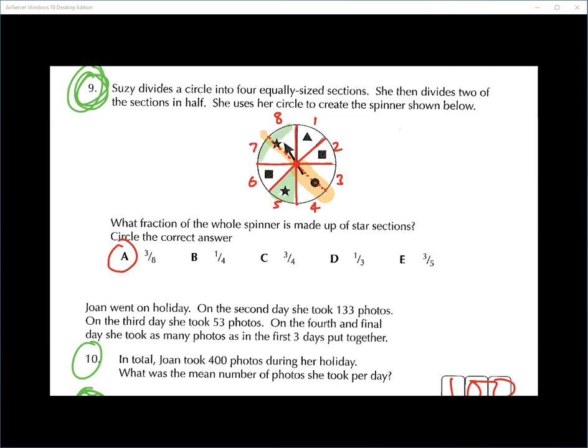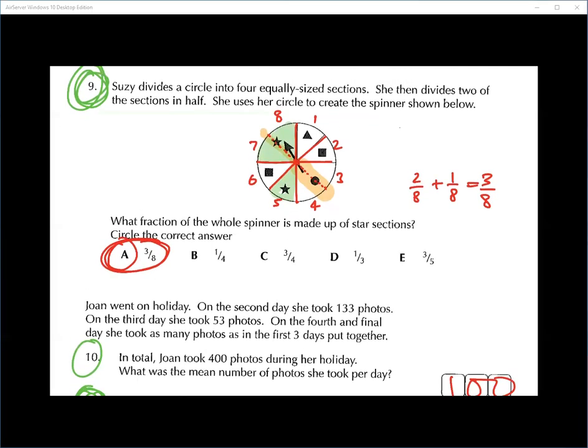And remember the star is on this section here. It's on 2 pieces. So how many 8ths is that all together then? 3. So it's got 2/8, the big piece, plus 1/8, the little piece. That gives us how many 8ths? 3. 3/8. Done. Okay, so there is a missing bit of the diagram that you had to put in yourself. You had to put those extra dotted lines in for the question to make sense.